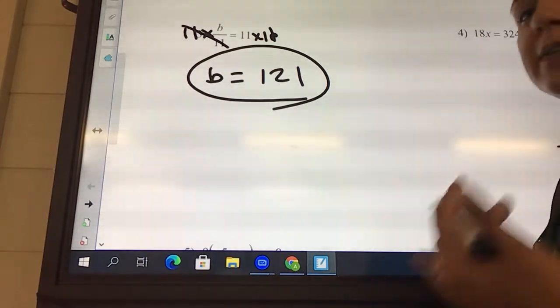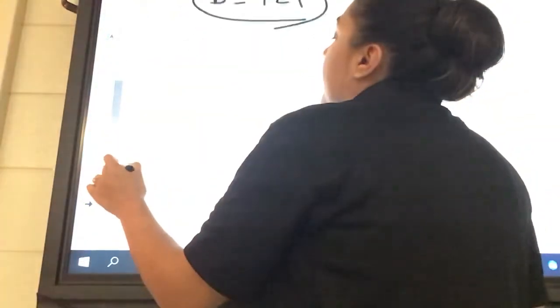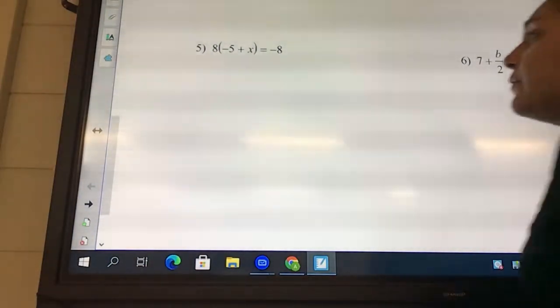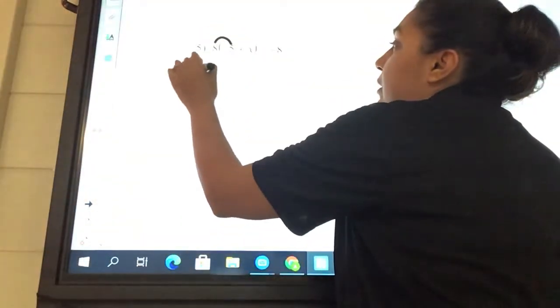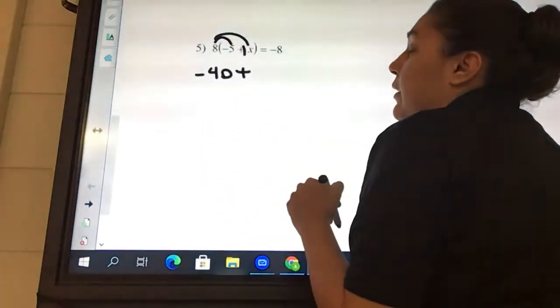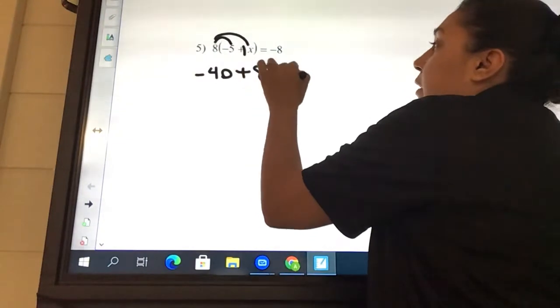Okay, and if I'm going too fast, feel free to stop, pause. Okay, 5. We got parentheses, so we know we need to distribute first. So I got 8 times negative 5 is going to be negative 40, plus 8 times, and there's really a 1 right there. So you're going to have 8, and there's 1x equals negative 8.